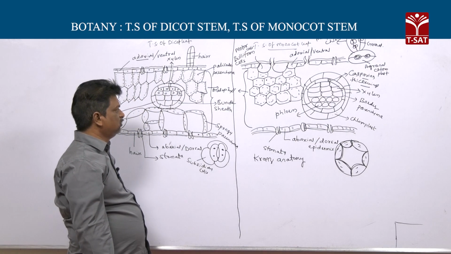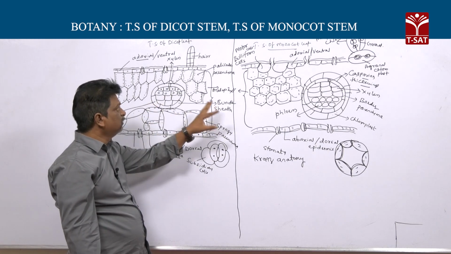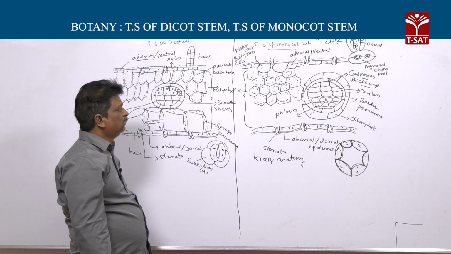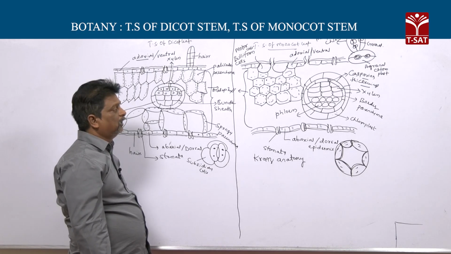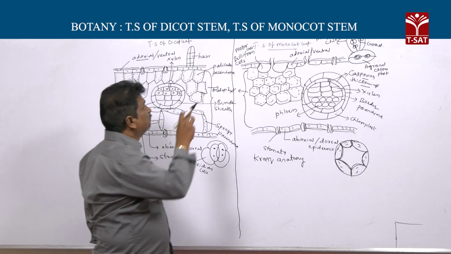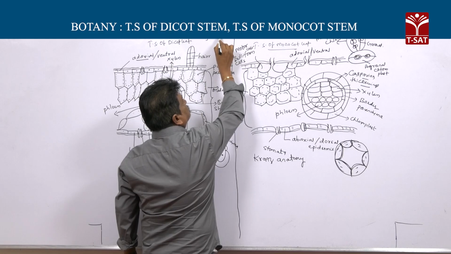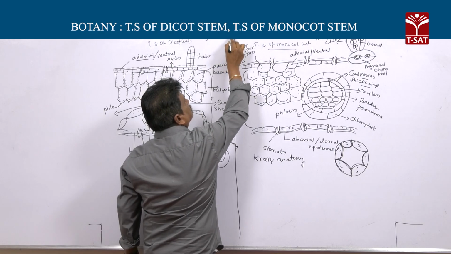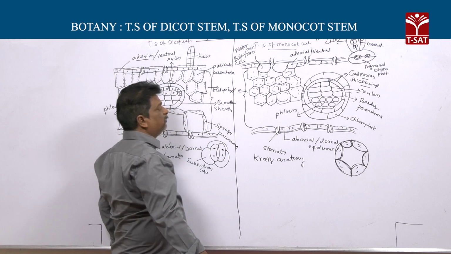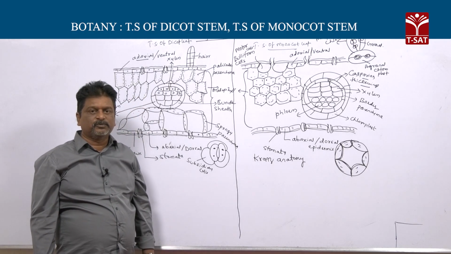So in both leaves, vascular bundles are collateral, conjoint, and closed. But only in one plant, in the cycad leaflet, non-functional cambium is present in between xylem and phloem.